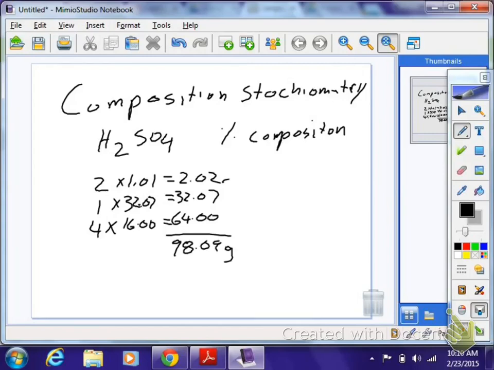These would be the weights of each one, and then I can find the percentage if I wanted to. All of that has to do with composition stoichiometry. We've already done that. We're not going to do it, but just for your reference, that's what we look at with composition stoichiometry.